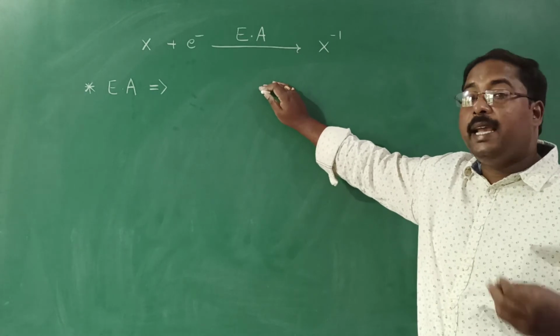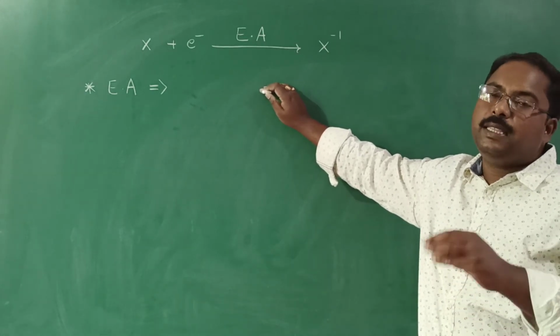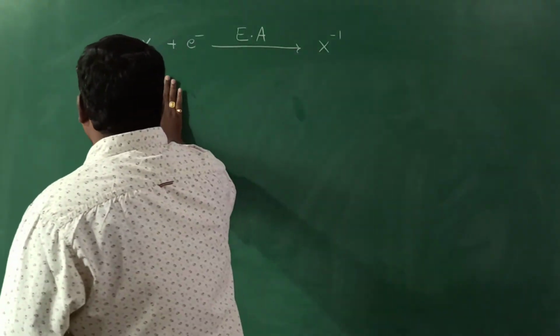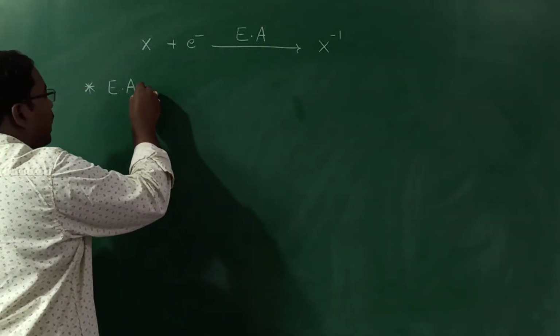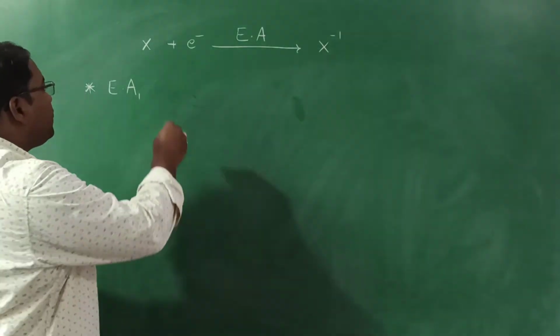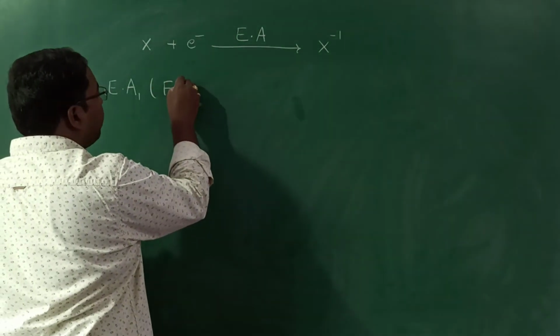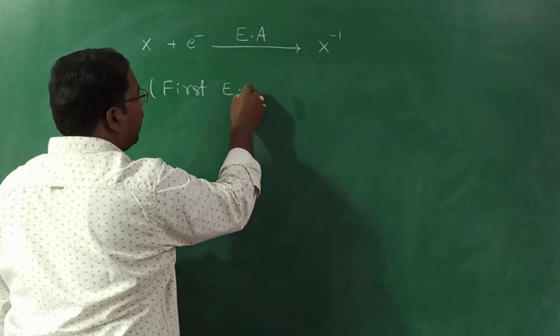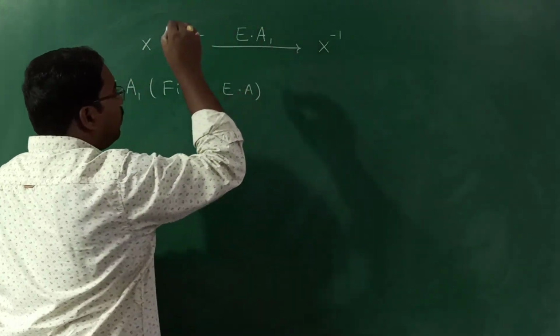When energy is gained, then it should be represented with a positive sign. Remember one point: if I write EA1, it means the first electron gain enthalpy, or first electron affinity.